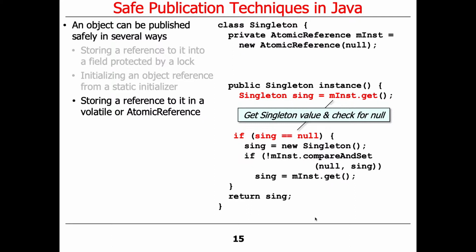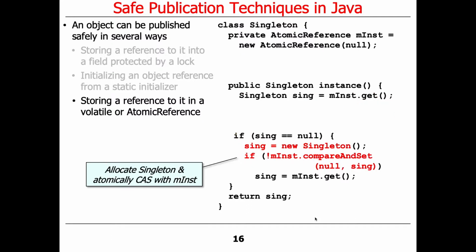And so what it's going to do here is we come in, the first thing we do is we get the value of inst, which as you can see starts out to be null. And if we get a null, that means this is the first time in. In this case, we go ahead and create a new singleton, and then we do an atomic compare and swap of this new singleton with null.